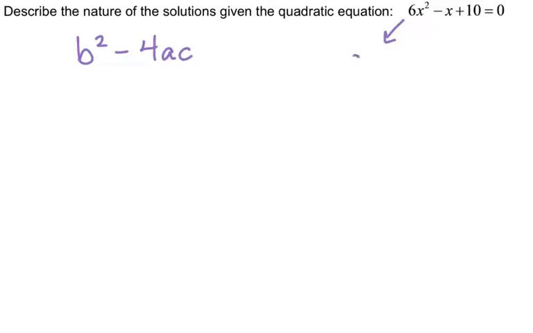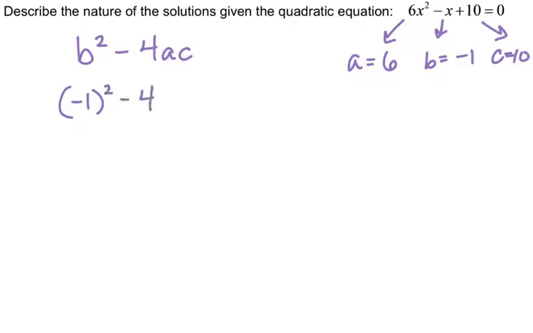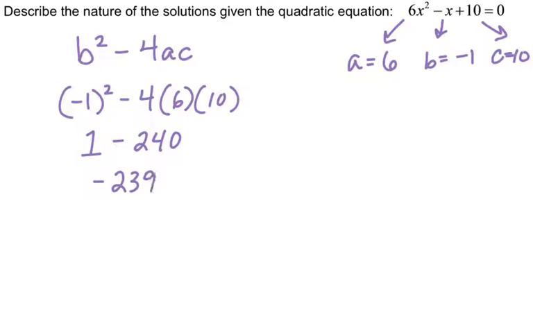Since this is already in standard form, a is 6, b is negative 1, and c is 10. Therefore, b squared, that's negative 1 squared, minus 4 times a, 6, times c, 10. Negative 1 squared is positive 1, and 4 times 6 times 10 is 24 times 10, 240. So the discriminant in this situation is negative 239.